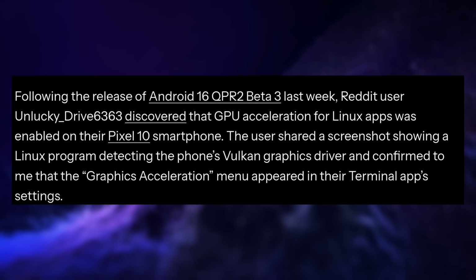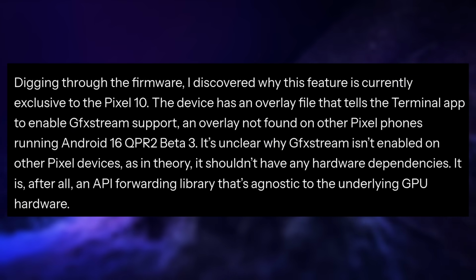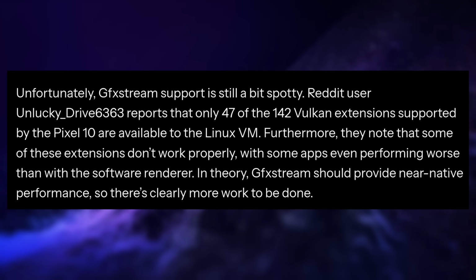This GPU acceleration is based on GFX Stream, which is a hardware-agnostic API, so technically any phone should be able to work with that. Now it is far from ready because apparently only 47 Vulkan extensions that are used to power this hardware acceleration are currently available to the Linux virtual machine in Android out of the 142 that the Pixel 10 supports.